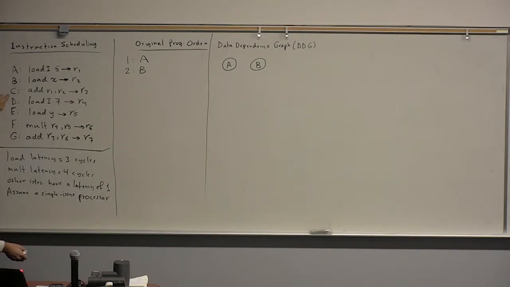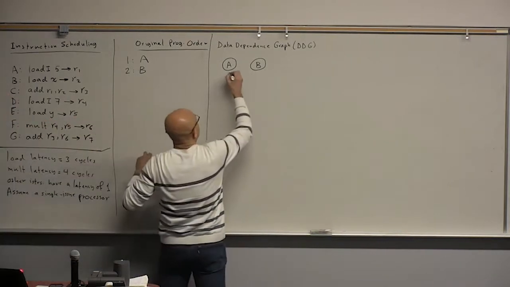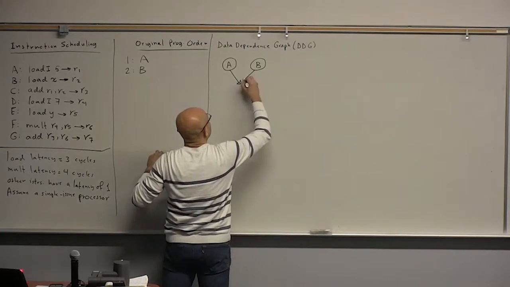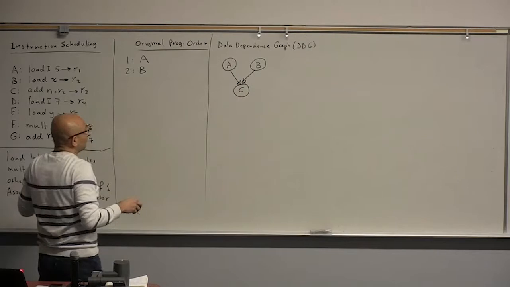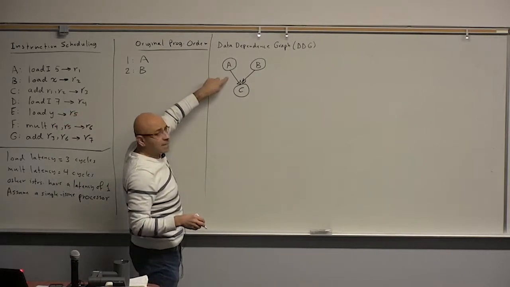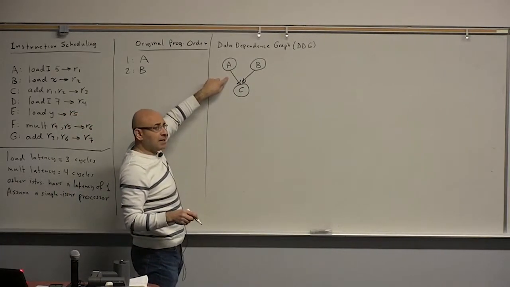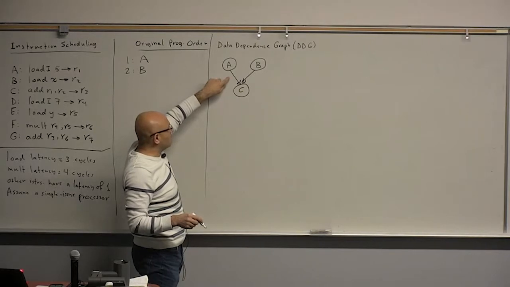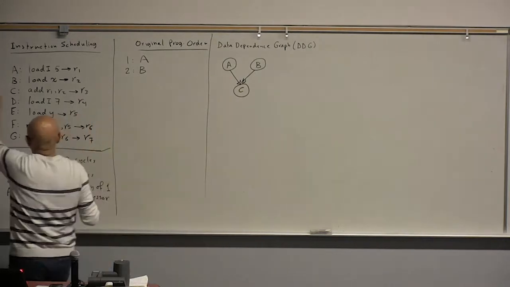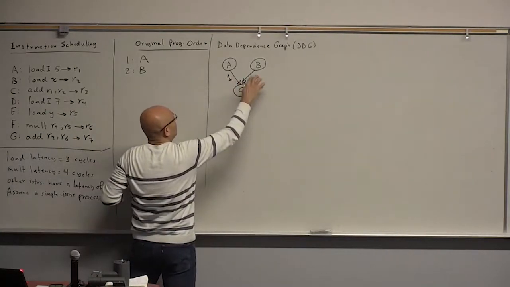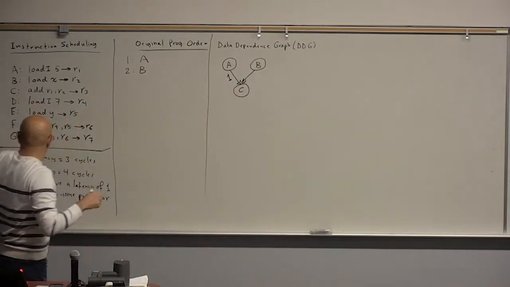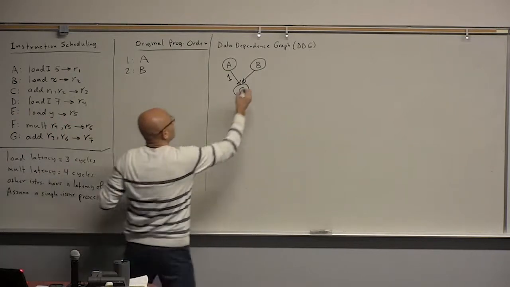It depends on A and B. Yeah, C depends on A and B. Now, this data dependence graph represents dependencies, but it also captures the latencies. So the latency for A is going to be 1, while the latency for B, which is a load, is going to be 3.